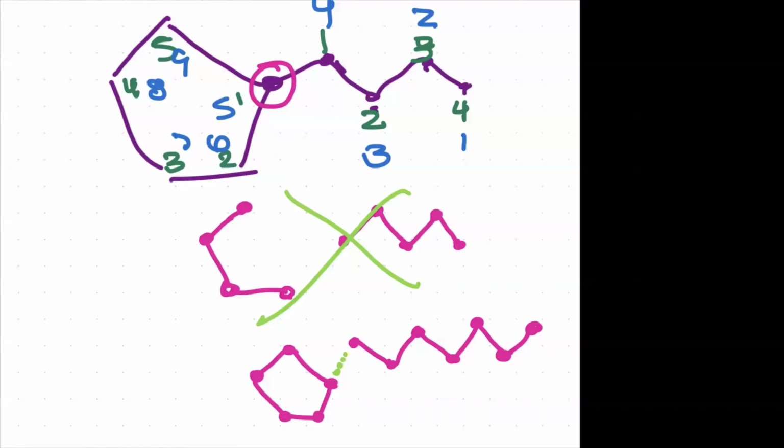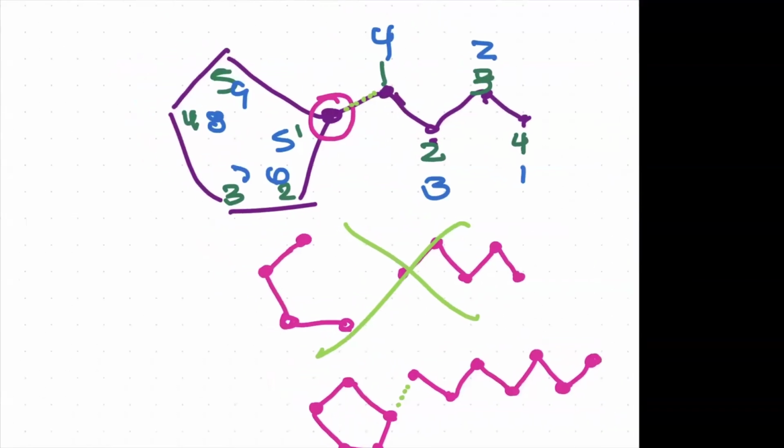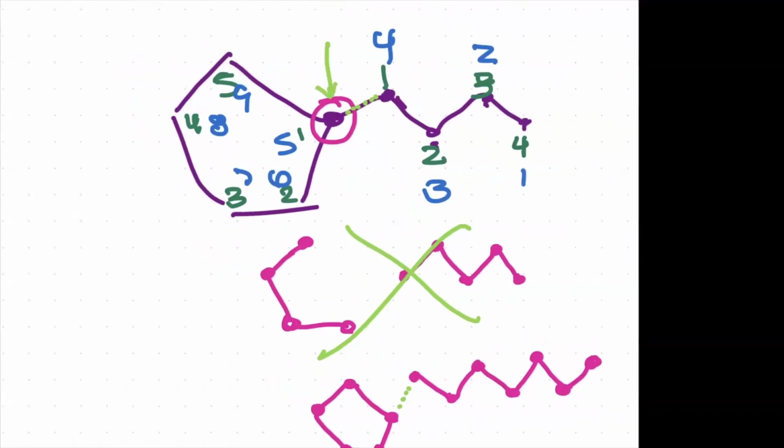It's a good point. These green dots indicate a potential bond that will be here. So this top pink circled carbon has to be a part of the ring, or else it's not a ring.